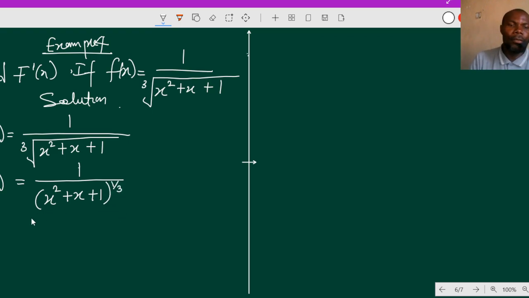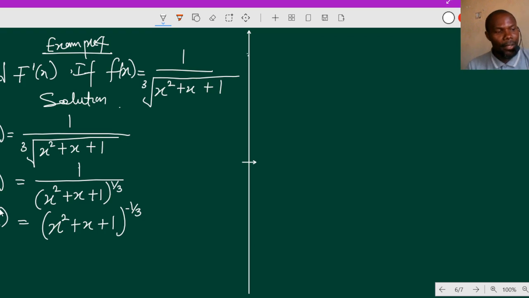Can you see? You now change it from the log to have x squared plus x plus 1 all raised to power minus 1 over 3. So if you want to solve this, we are now going to apply our general formula, that f1 will be 1 over 3.